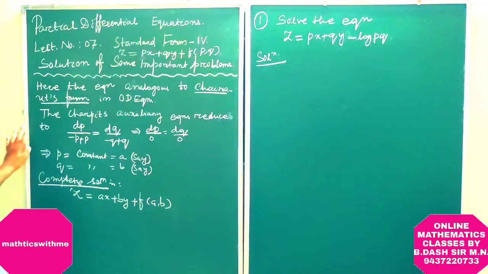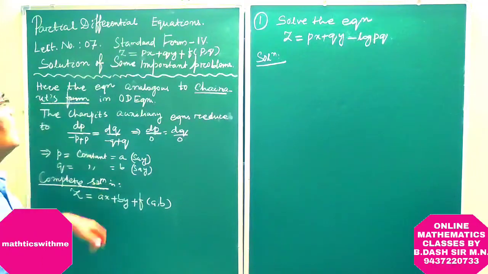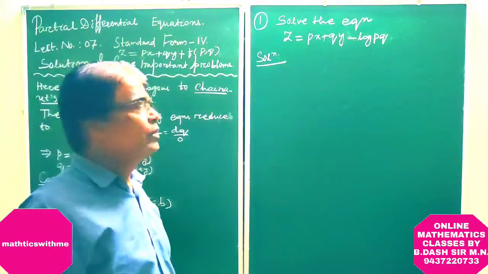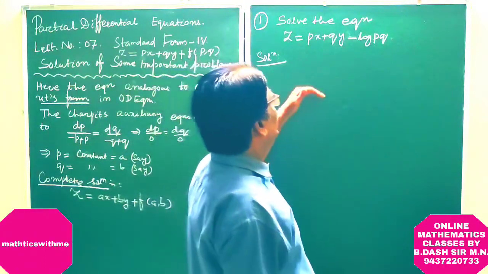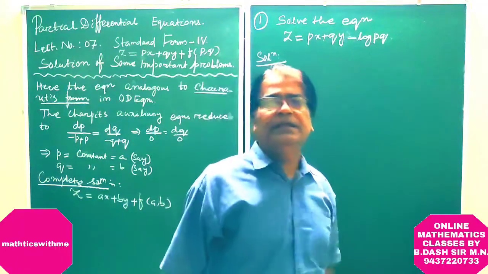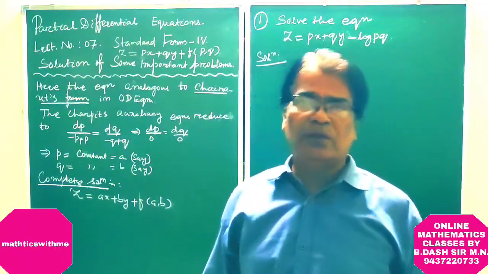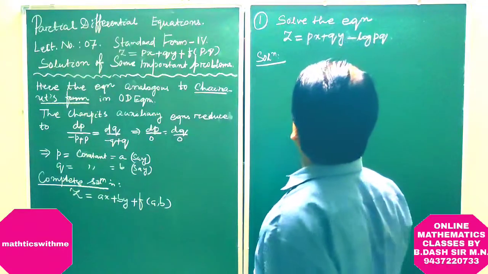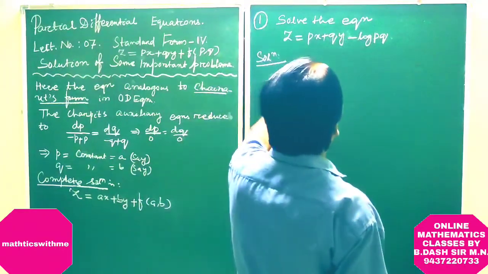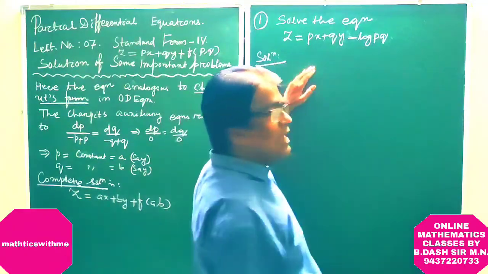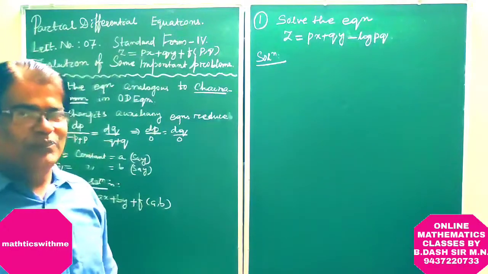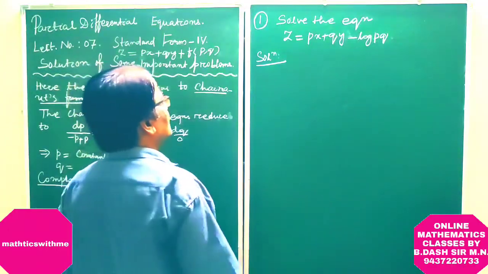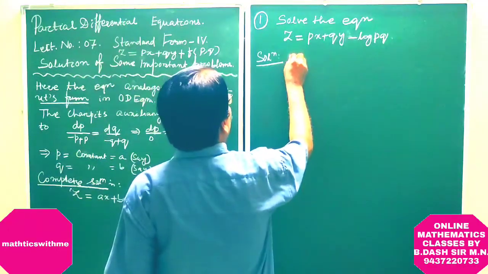So, let us solve a problem using this standard form 4 rule, by which the idea behind it will be more clear to you. The question is z is equal to px plus qy minus log pq, and we have to solve this question.